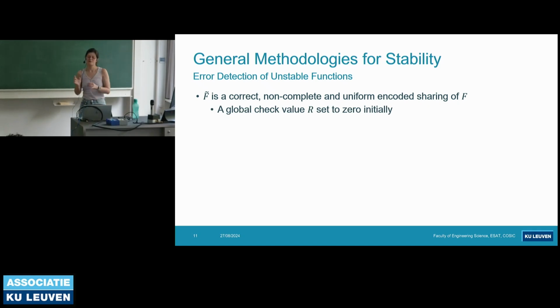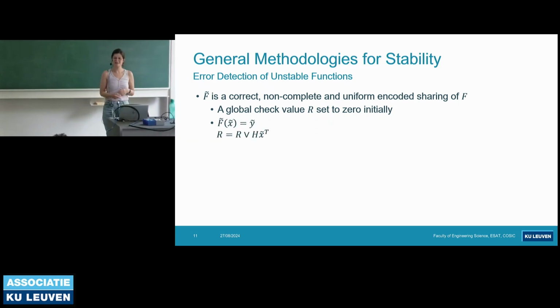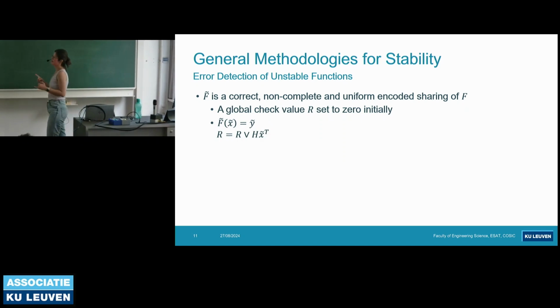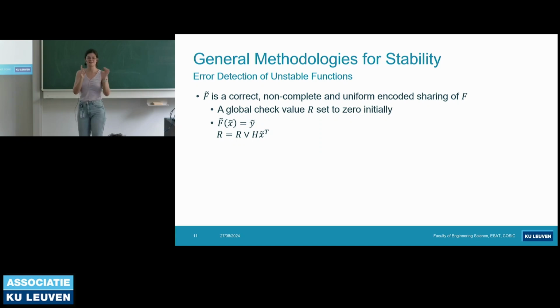First, we set a global check value r. Initially, this value is set to 0, which means there's no fault detected yet. When we compute the function, we also update r. We use the h function here. We compute the error check by multiplying the h matrix with the input.